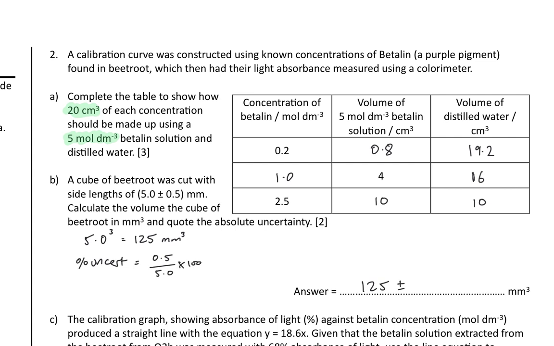As in, what percentage is the uncertainty of the actual value? So 0.5 divided by 5 times 100. Yeah, it is 10%.